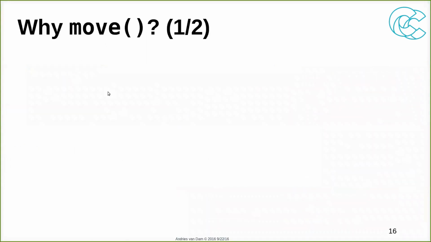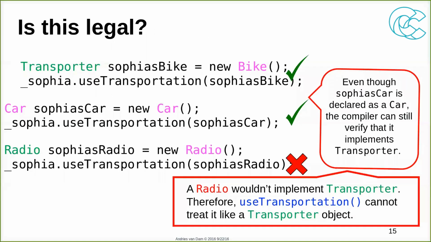I did not understand what you explained right now. So let's say we have this particular statement at the top, and the type that use transportation takes is bike followed by some parameter, and not transporter.